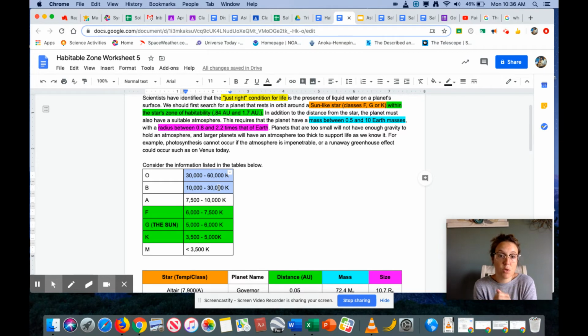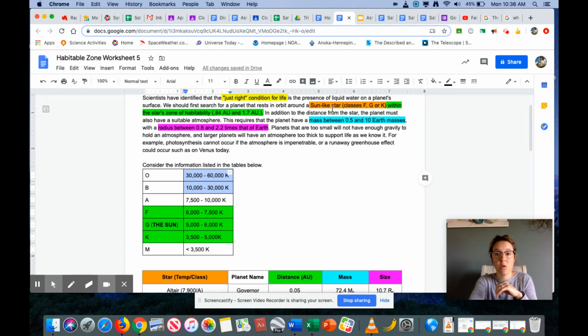And then a radius between 0.8 and 2.2 times that of the Earth. Those two requirements balance out so we get a nice atmosphere, without the crazy greenhouse effect like Venus, where it gets so hot and is not habitable. And we don't want the atmosphere so thin like Mars where nothing stays in, okay?